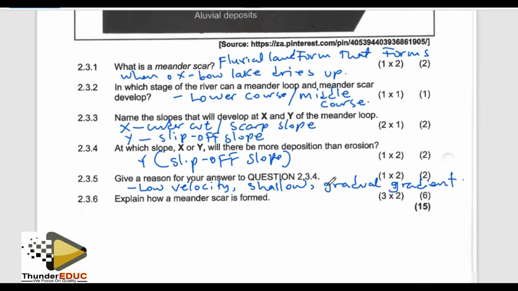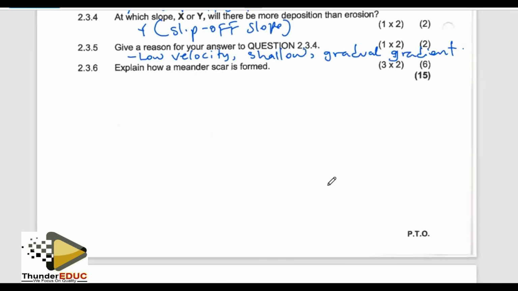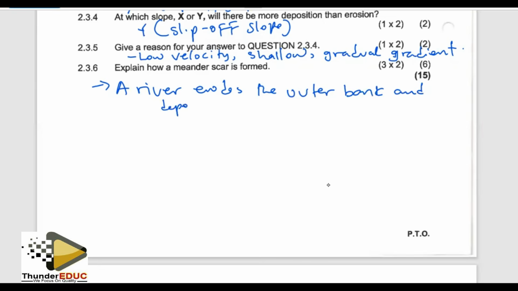2.3.6, explain how a meander scar is formed. Before we look at the meander scar, we need to understand the Oxbow Lake. We say a river erodes the outer bank and deposits in the inner bank.